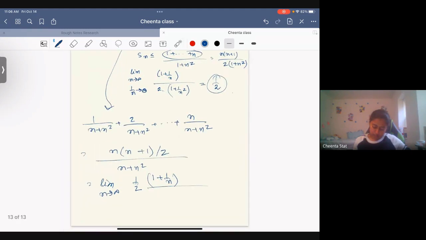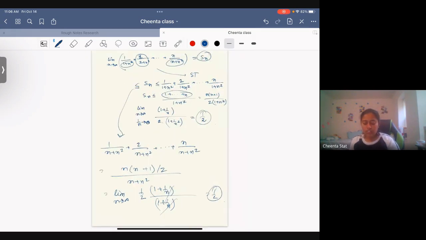For this it will be again the same thing, 1 by 1 plus n, so it will also be half. Okay? Any question about this problem?